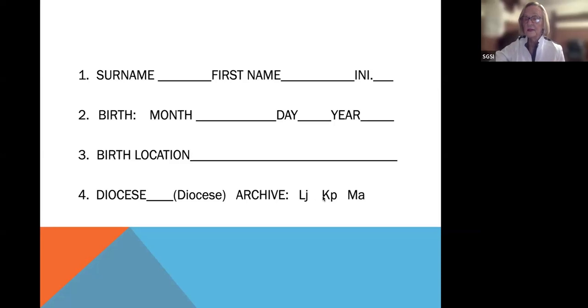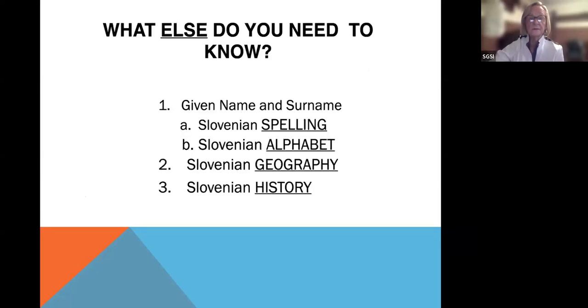And on the other side, they can be in Hungarian. So it's not that you need to know the language, but you at least have to know what the columns translate to, and we'll get into that a little later. Okay, so the 4 things you need: the surname, the birth, the location, and the diocese. And with the diocese, you'll know the archive, or vice versa.